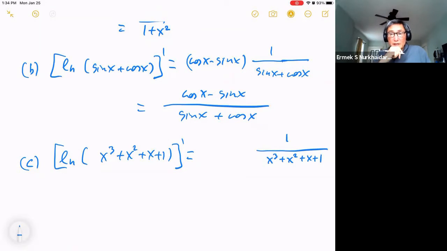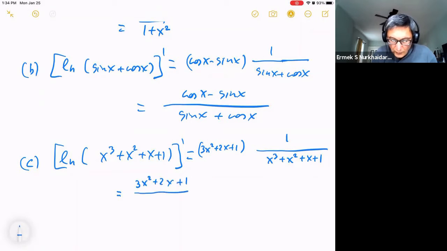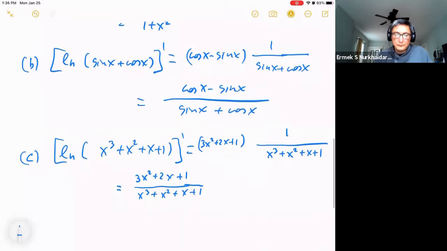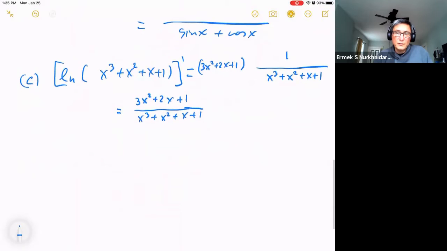And the derivative of the inside function is straightforward: 3x squared plus 2x plus 1, if you like, plus 0. And the only thing I'm going to do with this expression is rewrite it as one big fraction: 3x squared plus 2x plus 1 divided by x cubed plus x squared plus x plus 1.